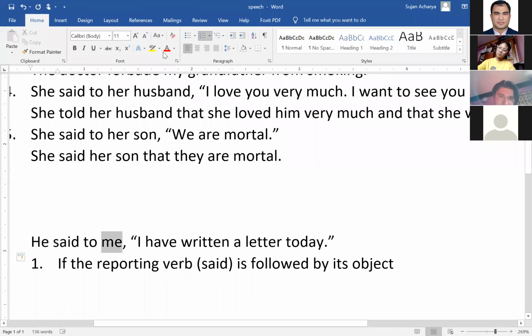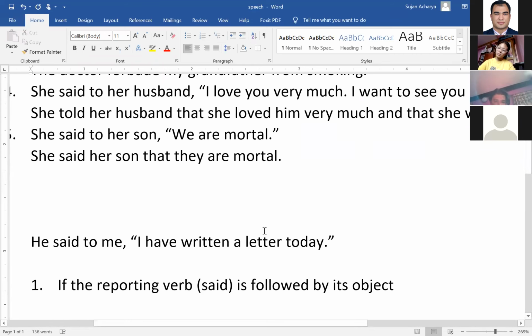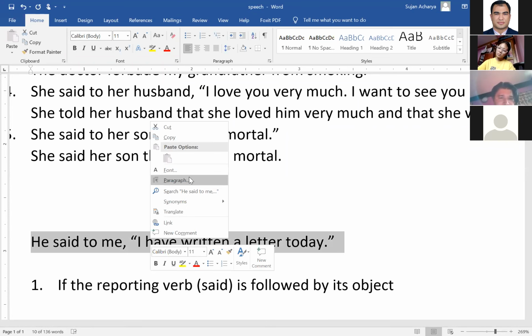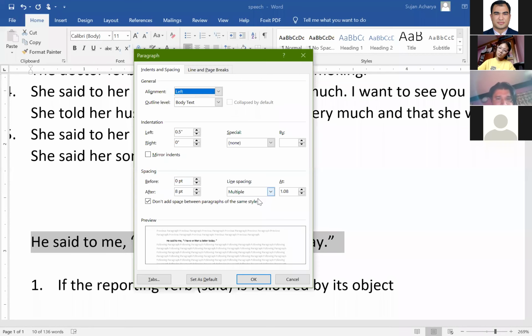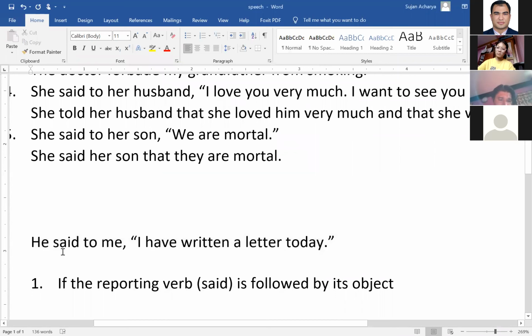This is an object. This said is a reporting verb, and this is the object of the reporting verb.